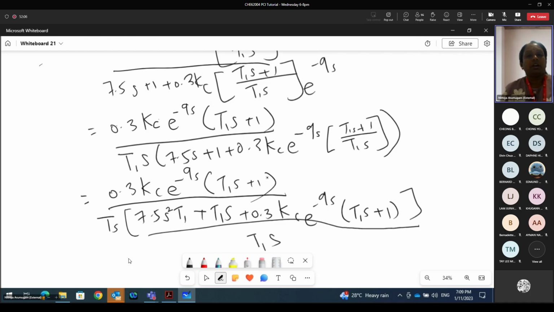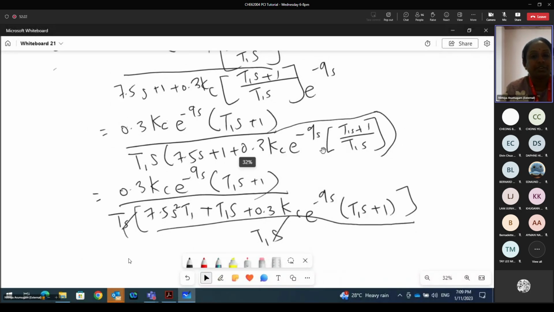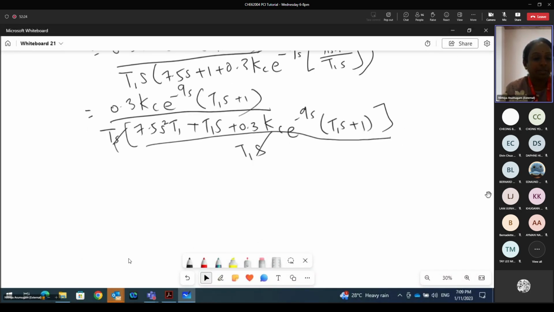While you are rearranging the whole equation, you will be getting it in this form. Sorry, here also T1. When you get like this, you can actually cancel the s and s term so that we don't have a denominator in terms of s.